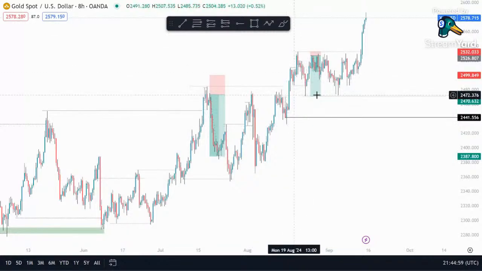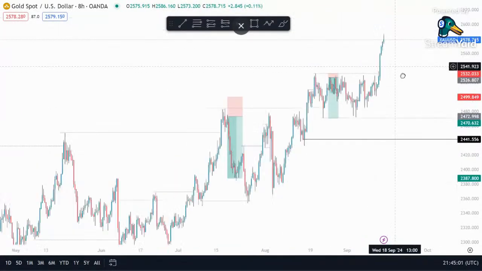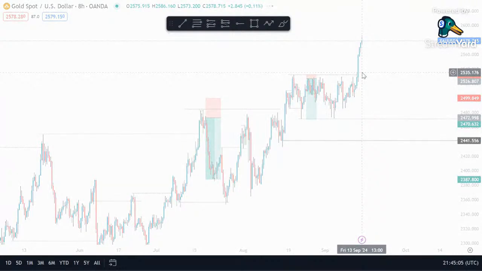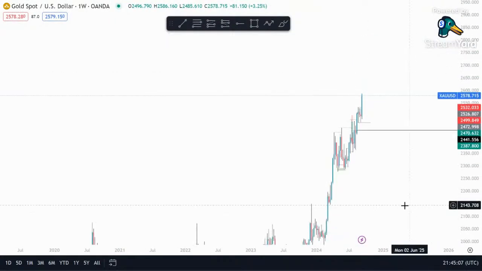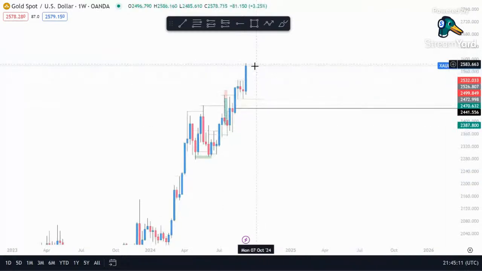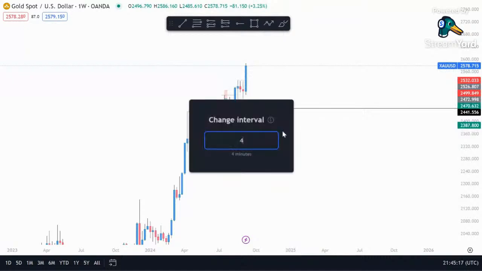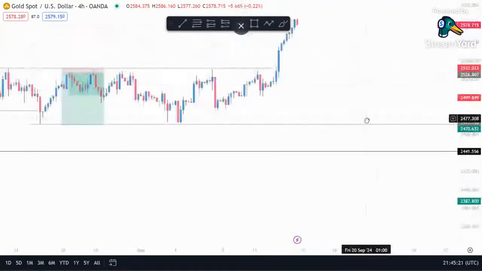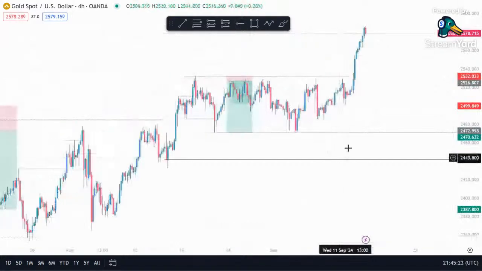Higher low, higher low. Price needs to come back. Let's see the weekly time frame. The thing is just pushing. We are bullish, but we cannot just come and buy here. We're expecting a retracement before we look for buys.